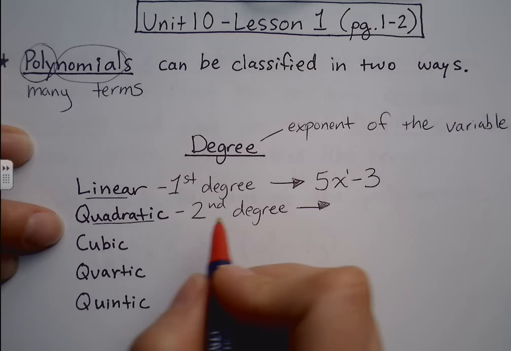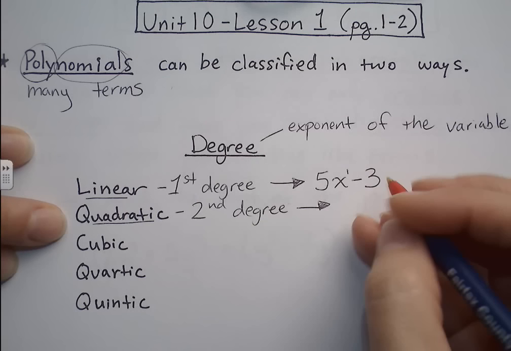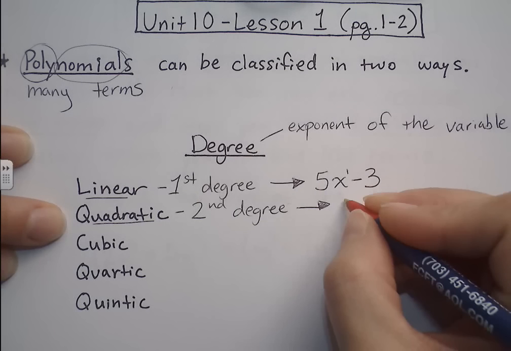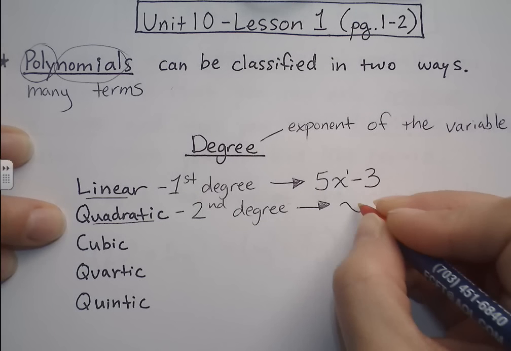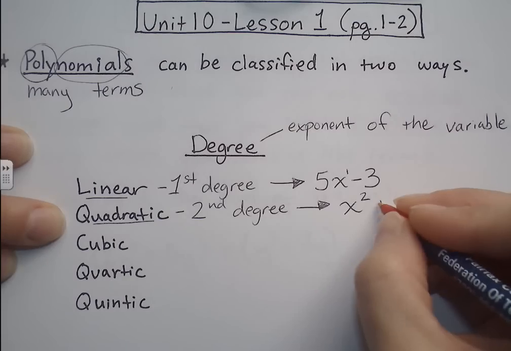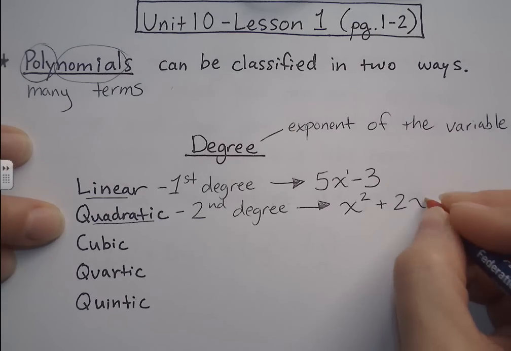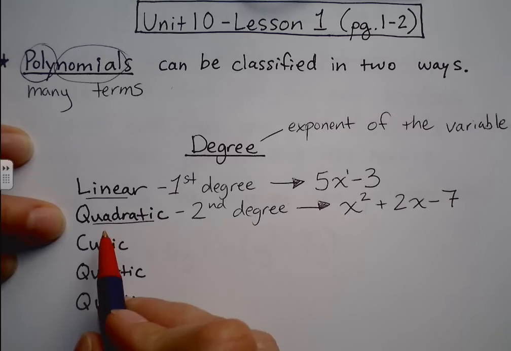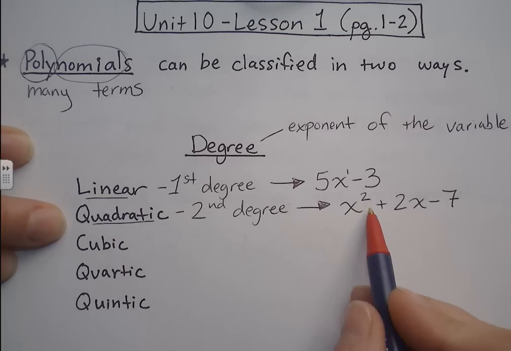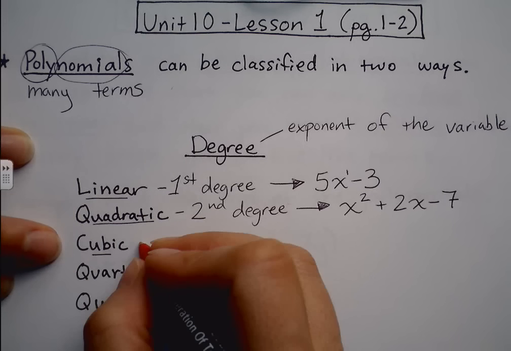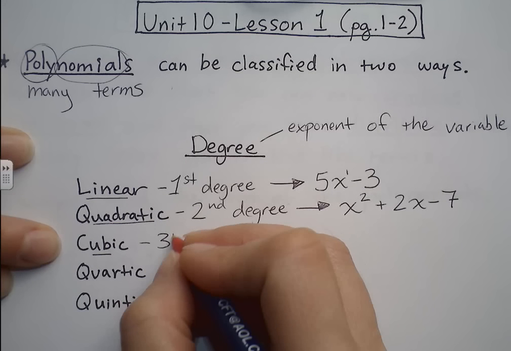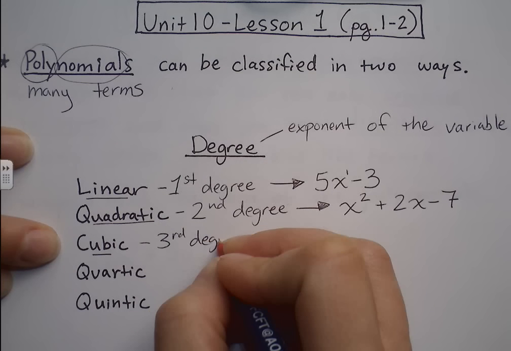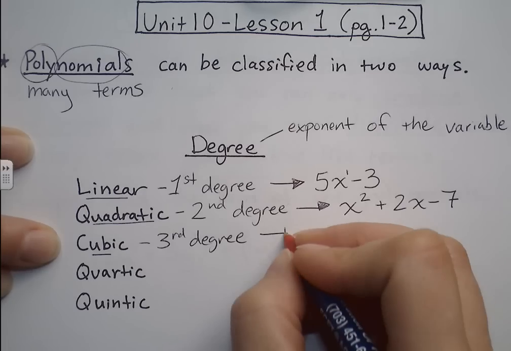A little confusing because quad usually means 4, but in this case, a second degree, and we've looked at some of these, they make parabolas. So for example, x squared plus 2x minus 7. That would be a quadratic polynomial because look at the largest exponent. It's 2.